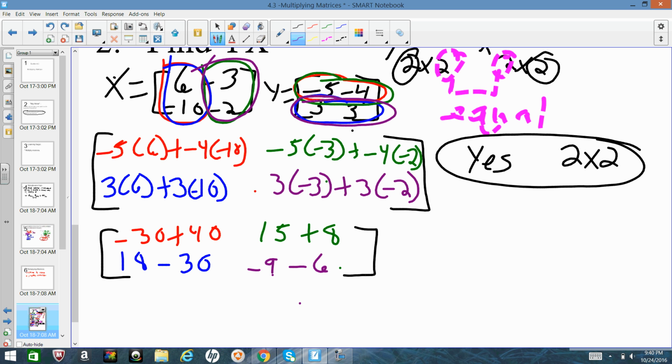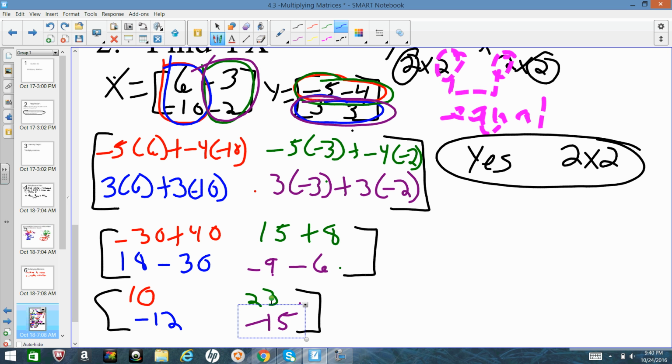Now, lastly, I need to add or subtract these numbers together to get my answer. So negative 30 plus 40 would give me 10. 15 and 8 would give me 23. Negative 9 and negative 6 would give me negative 15. And 18 minus 30 would give me negative 12. And this would be my final answer.